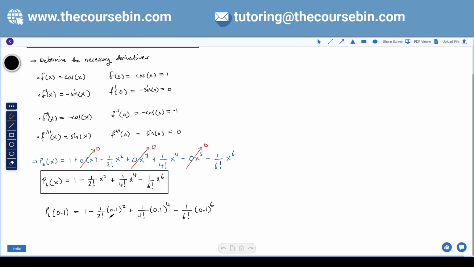If we substitute x for 0.1, we end up getting approximately 0.995004165.